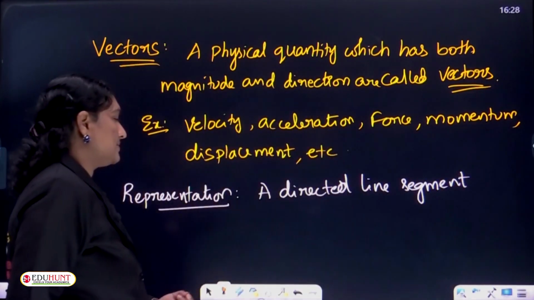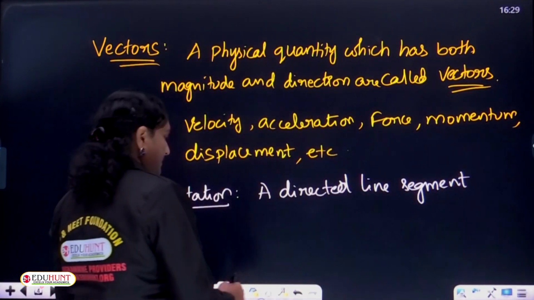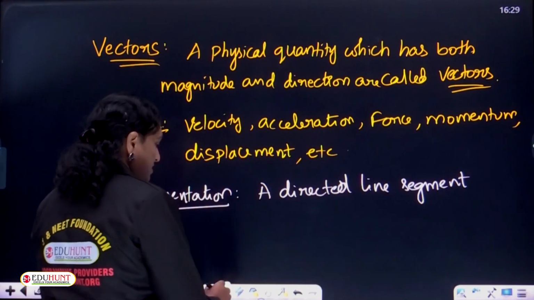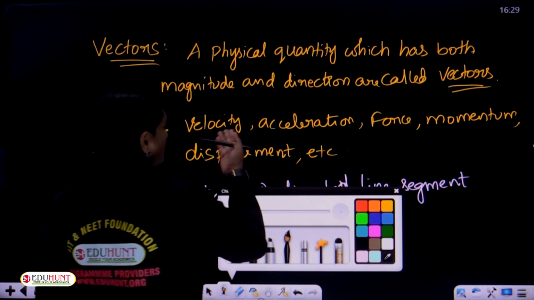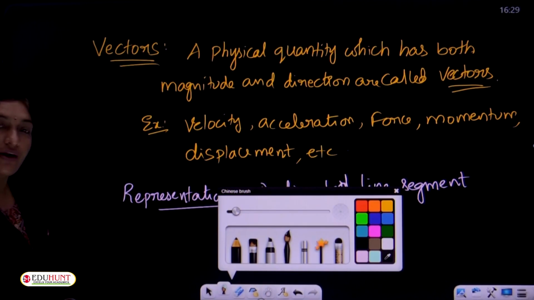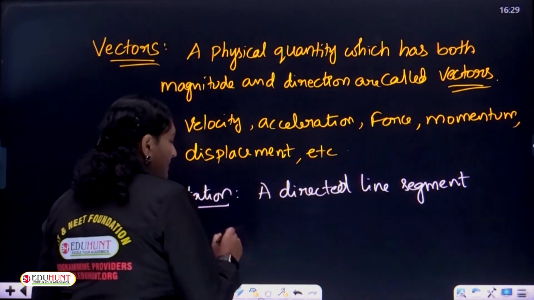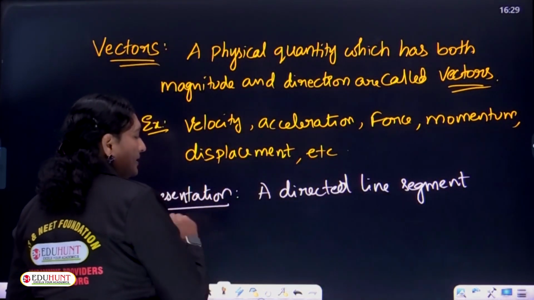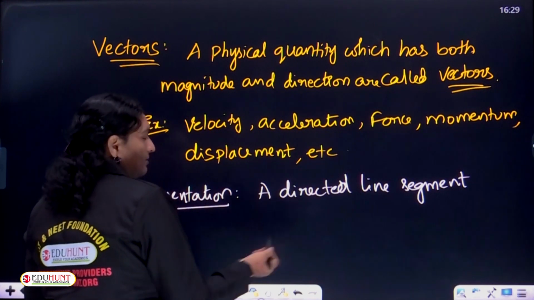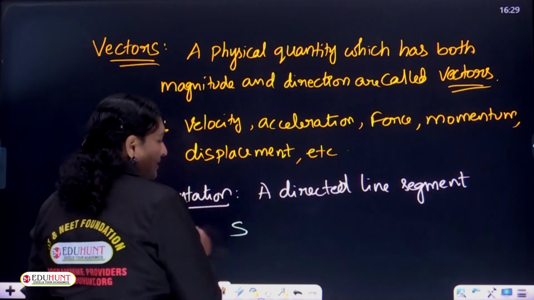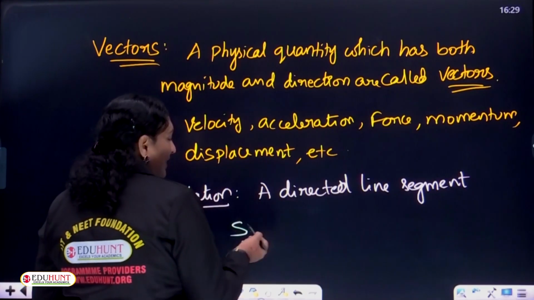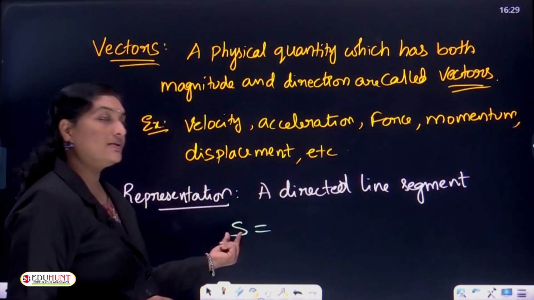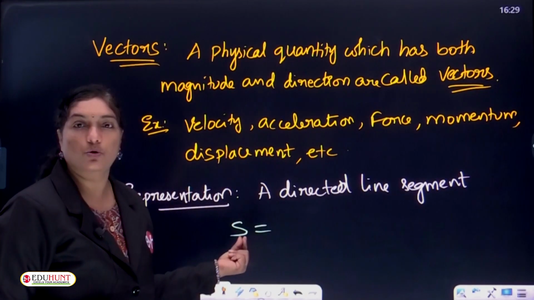For example, in a general condition, if a car is moving with a velocity of 80 km/h, and we represent the speed as s, then speed will come under scalars, no direction.